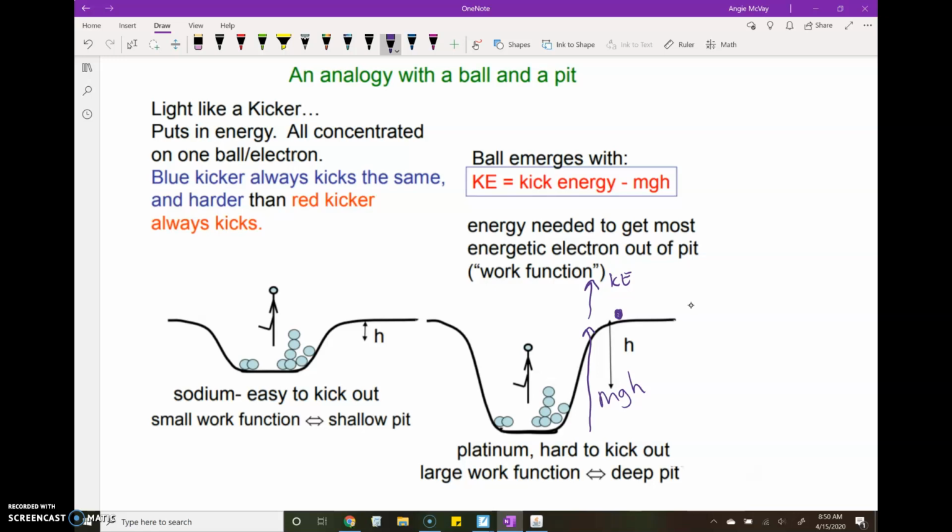So that's an analogy for the electrons, where oftentimes we call the work function, the amount of energy required to get an electron unbound from the target material surface, a potential well. The deeper the potential well, the larger the work function is for that electron, and the more energy is required to get the electron off of the surface of the material itself.